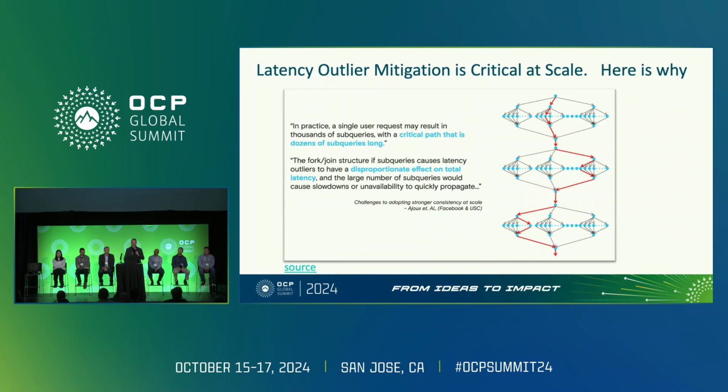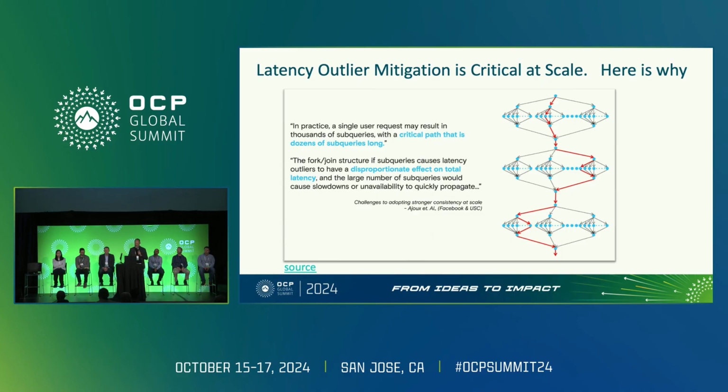Why do we care about latency outliers? Well, there's a great paper published by Meta a few years back that discusses that in reality, when you pick up your phone and open up Facebook, it generates a critical path of thousands of subqueries in fork-join scenarios, each chained very, very deeply.